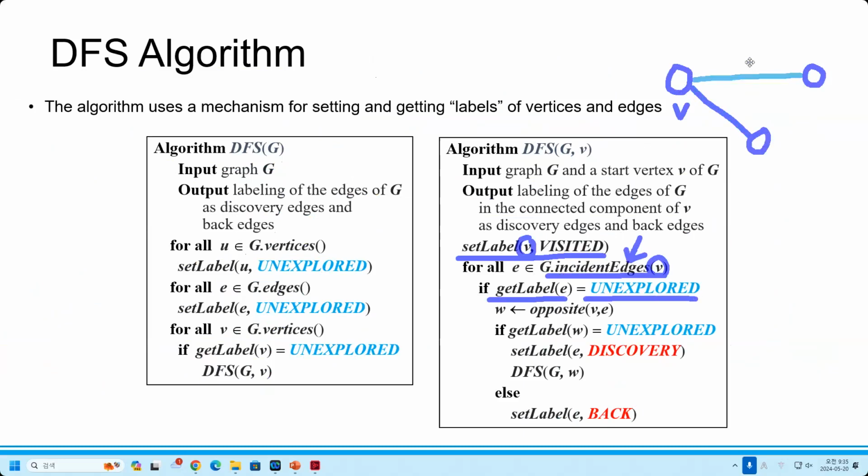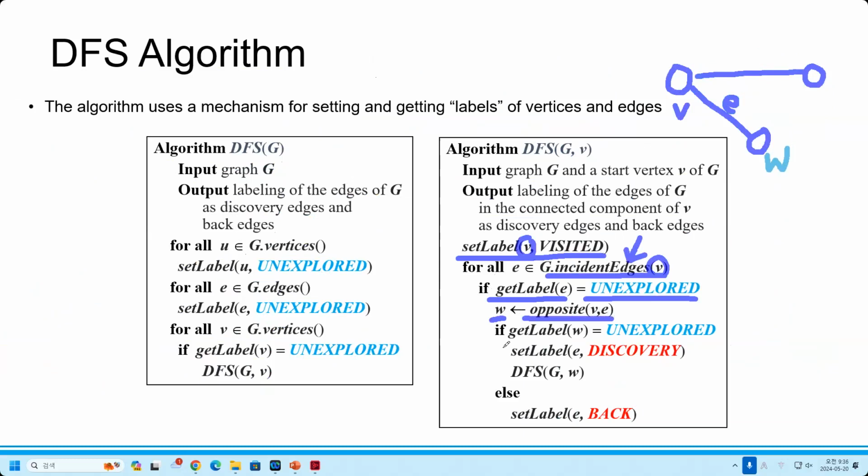Then let's check W, the opposite of V along E. If it is unexplored, we want to know W. W is the opposite of V based on E. So if we are using this E, then this will be the W.